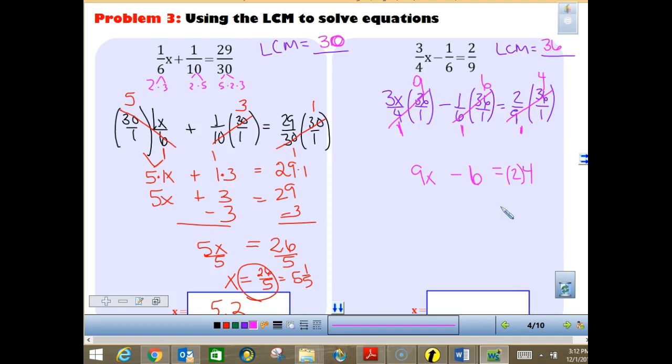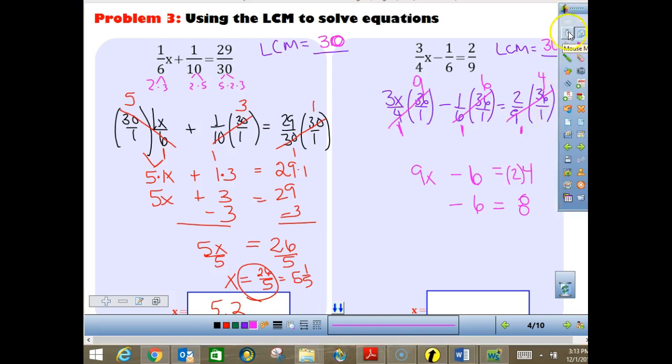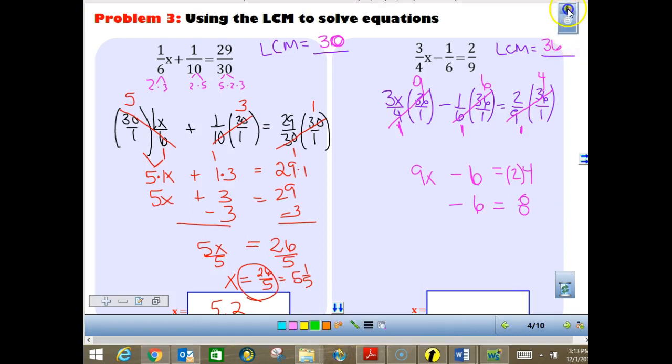Okay, I agree the 4 times 2, that is going to be 8. And I agree, if we don't want to put 1 times 6, we could have just put the 6. But are we going to have 9x here? Do you see what you did? You just put the 9. So, this is, I mean, not totally fatal, but it is a mistake that students will make, and it does throw off your answers.